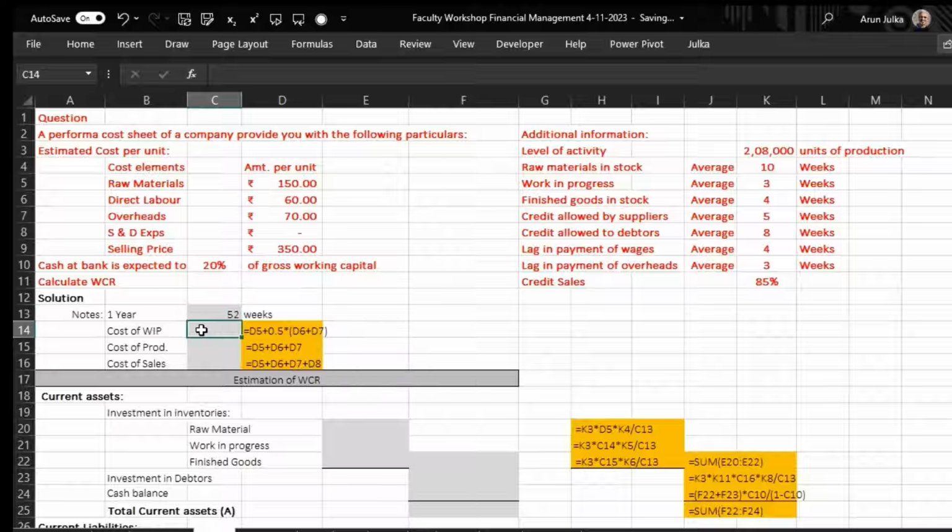First, we calculate cost of work in progress, which is equal to raw material plus percentage of labor and overheads, completion percentage actually. But completion rate is not given, that's why we take 50% of labor and overheads.